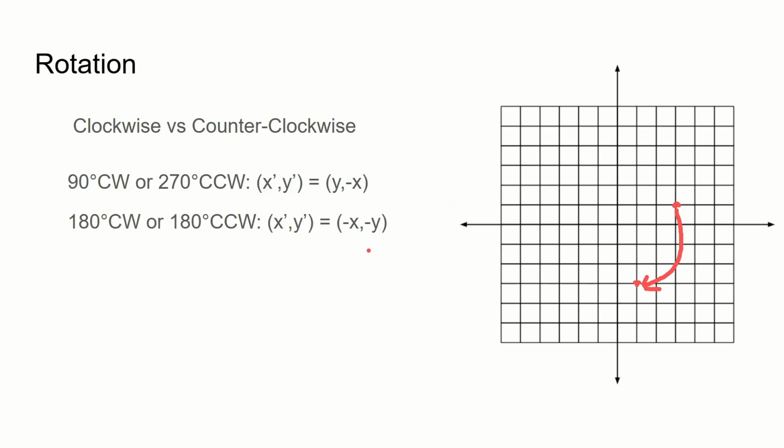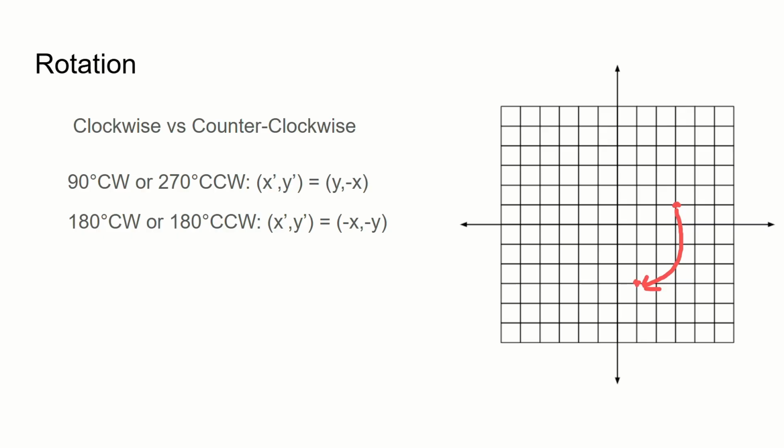And let's do another rotation. So another 90 degrees clockwise will get us to 180 degrees clockwise, and this will get us to 180 degrees counterclockwise. So it's the same amount because you're going halfway in either direction. So this will just simply make the original point negative x, negative y. But we can also follow this. If we apply this again to this new point, 1, negative 3, we'll flip them.